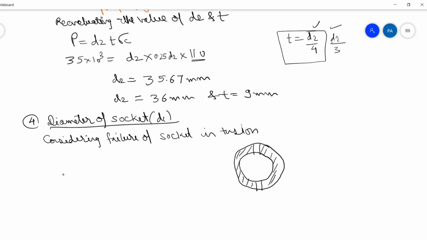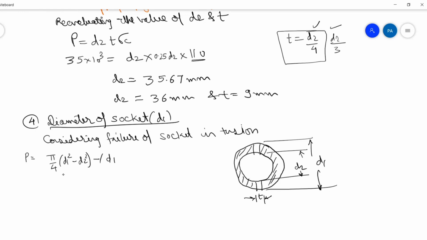This entire one is D1 and this is D2 and this is T. So we can write P equal to pi by 4 (D1 square minus D2 square) minus (D1 minus D2) into T, entire thing into sigma T.